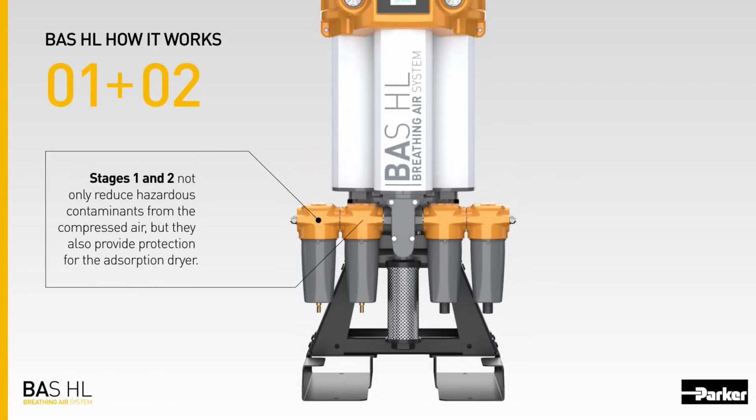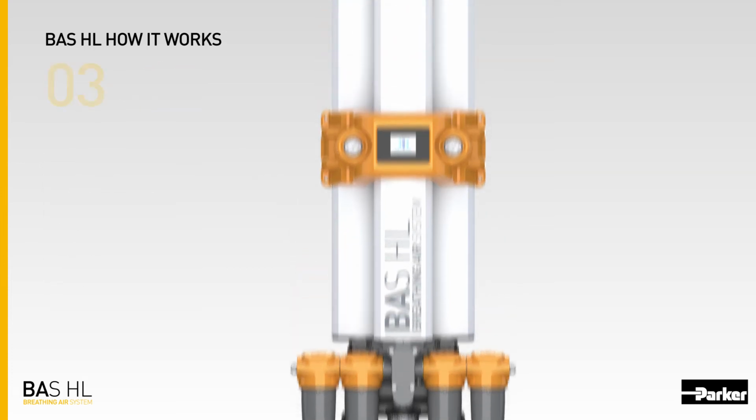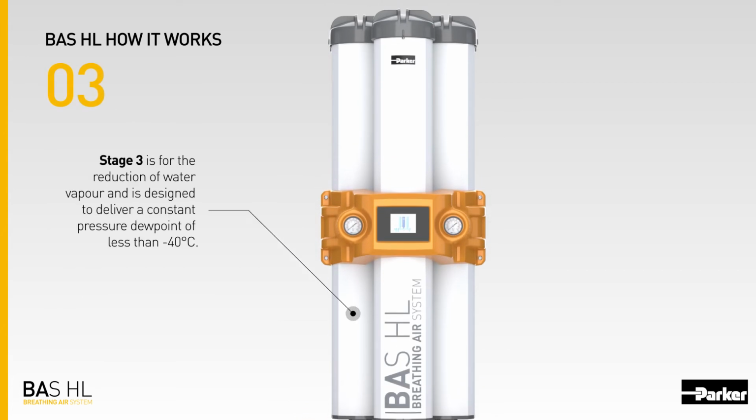Stages 1 and 2 not only reduce hazardous contaminants from the compressed air, but they also provide protection for the adsorption dryer. Stage 3 is for the reduction of water vapor and is designed to deliver a constant pressure dew point of less than -40 degrees Celsius.